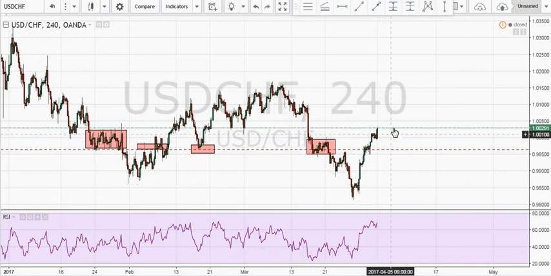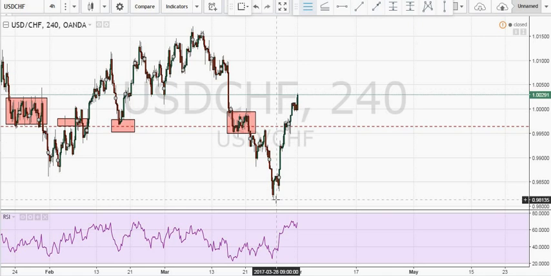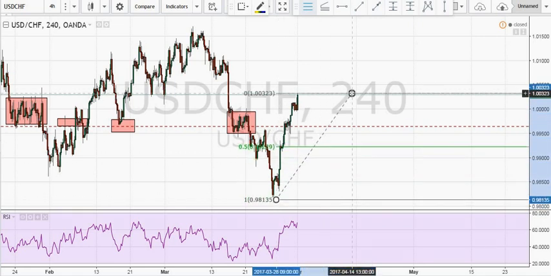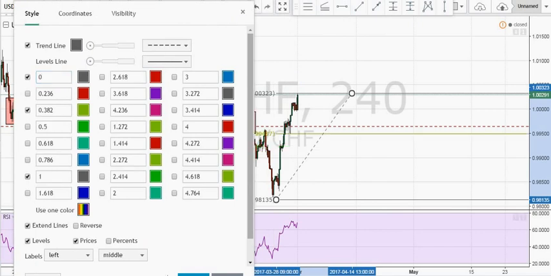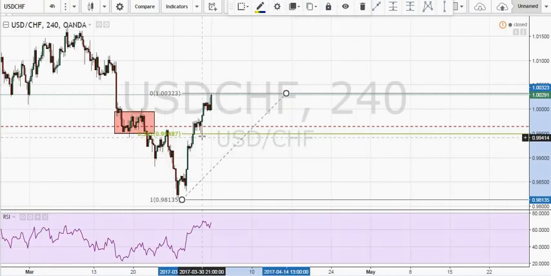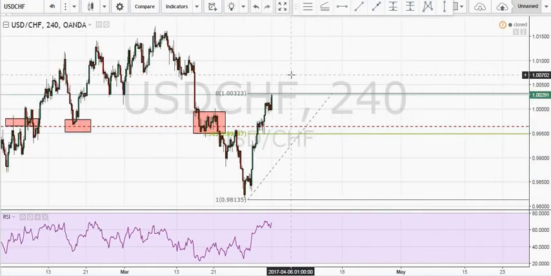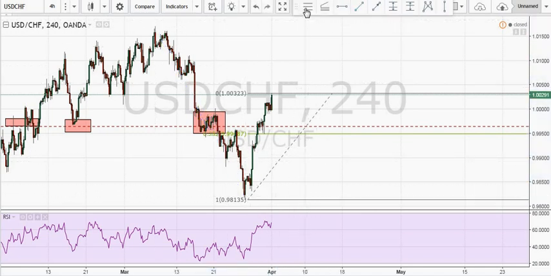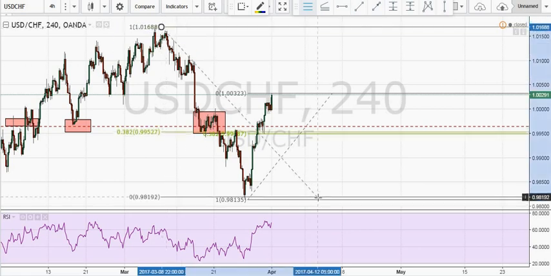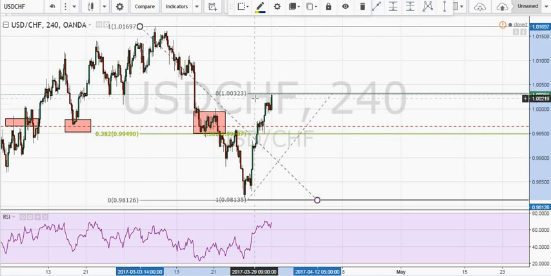So now that we have structure out of the way, we should be looking for Fibonacci levels. This swing low to this swing high will possibly give us a 382 right in the area. 382 is right at this area where price rejected recently. If we were to look at this swing high to swing low, we can see that there's another 382 lining right on top of the previous Fibonacci 382 level.